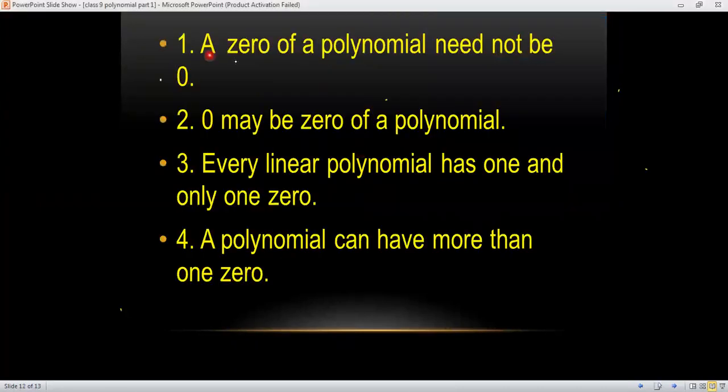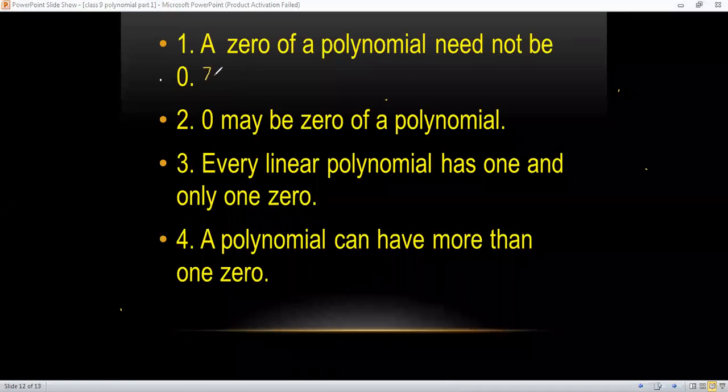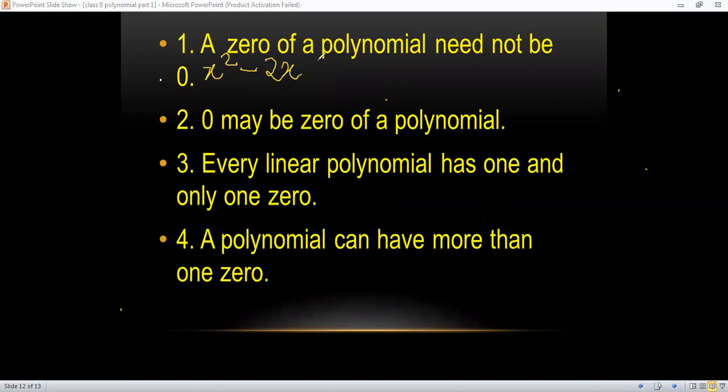Now, a zero of a polynomial need not be 0. For example, if I take x square minus 2x plus 4, and put 0 at x, I will not get 0 because here 4 is the constant.